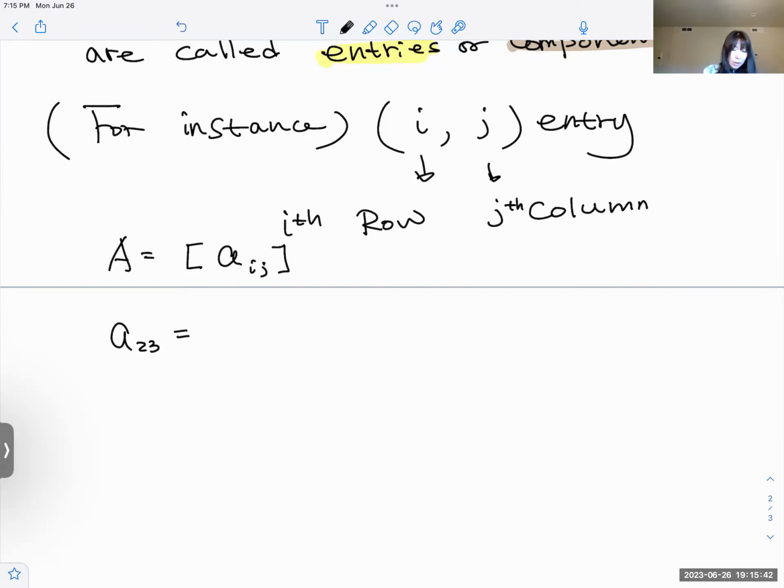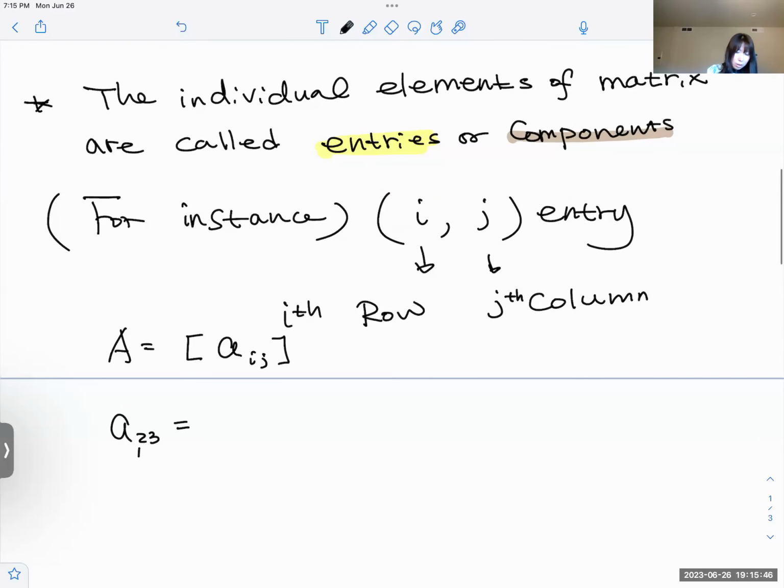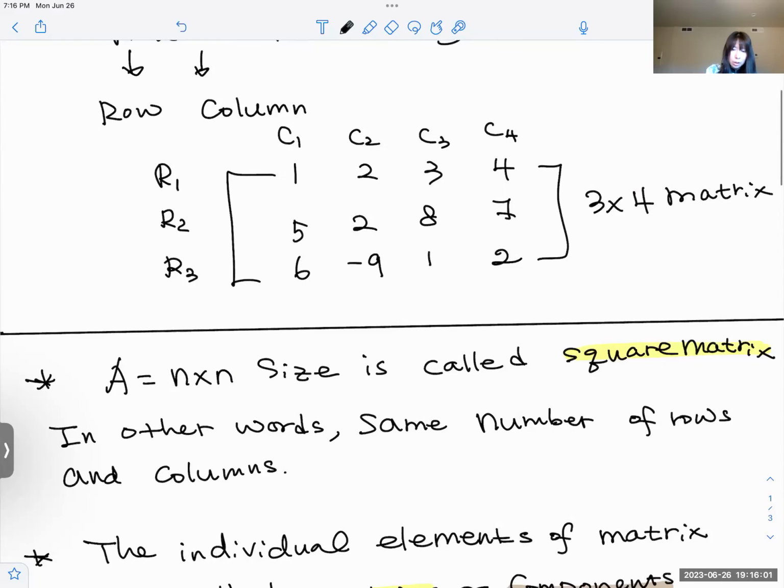So if we say A23, A sub 23, that means the second row and third column, right? So 2 and 3, so that is 8.